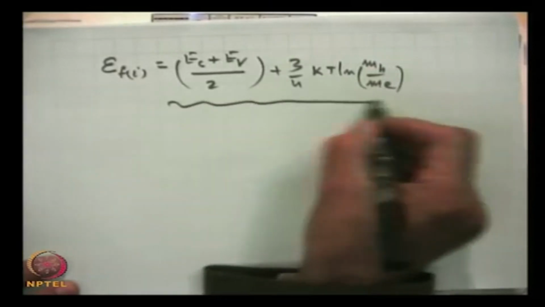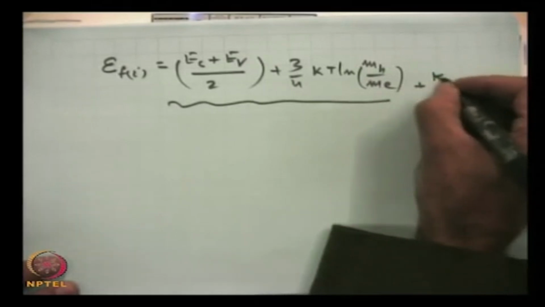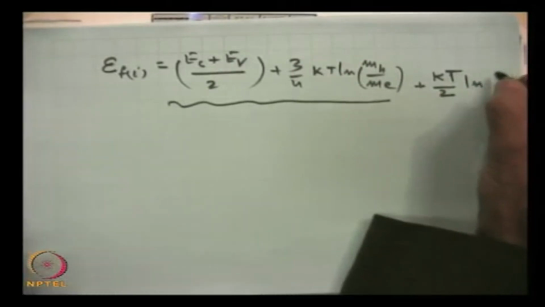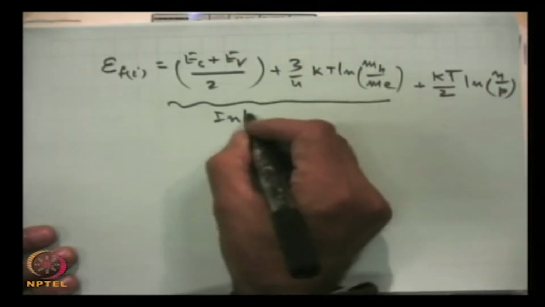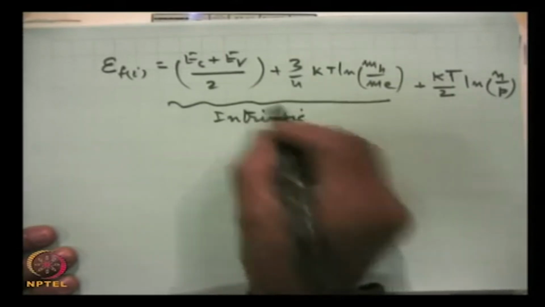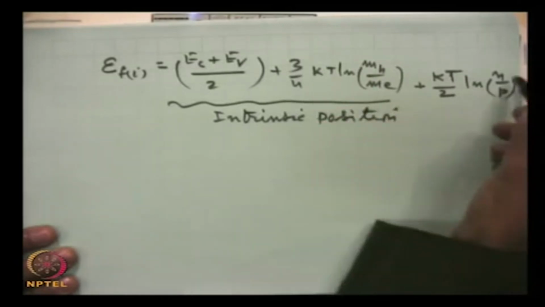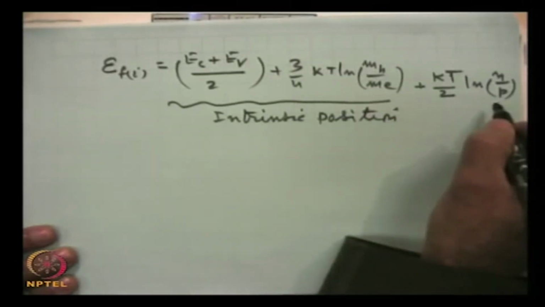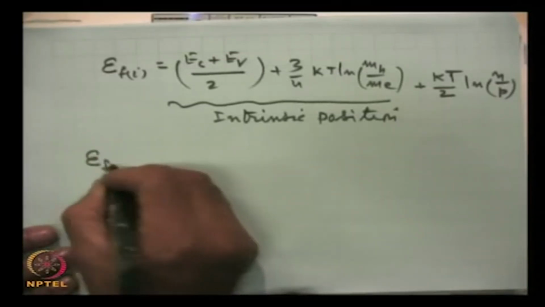This is actually, as you know, the intrinsic position, plus k T by 2 log n by p. It was n by p, and we substitute for n. This is the intrinsic position of Fermi level, and here for n we substitute N d, and for p we substitute n i square by N d. Then the expression will become, this is for N type material.